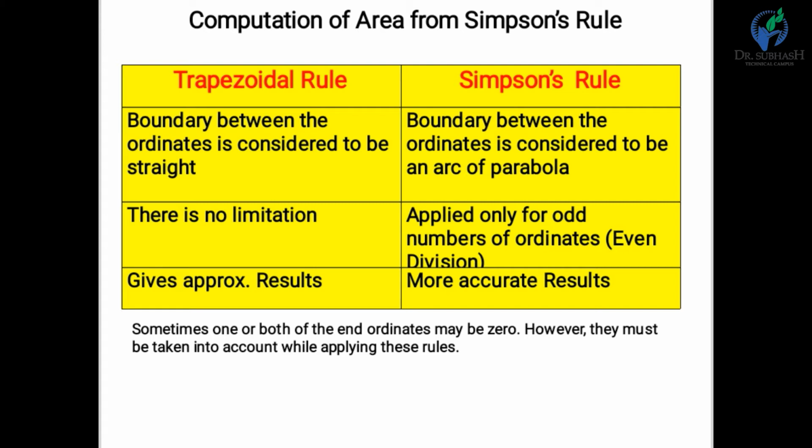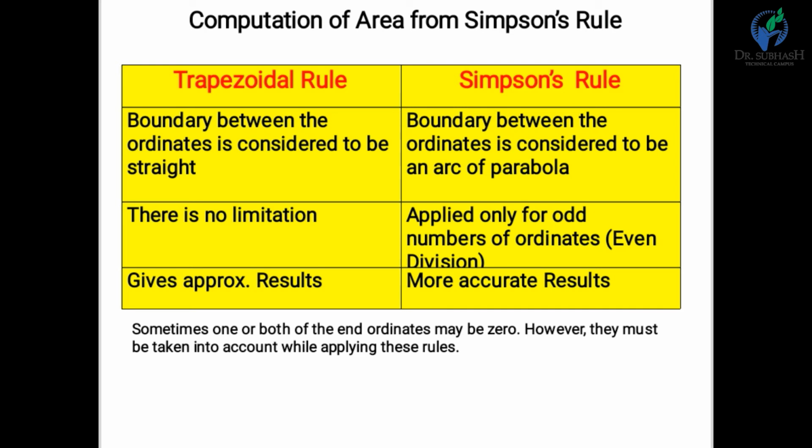The common difference is that in the trapezoidal rule the boundary between the ordinates is considered to be straight, and in the Simpson rule the boundary between the ordinates is considered to be an arc of a parabola. In the trapezoidal rule there is no limitation on how many ordinates or divisions are required, but in the Simpson rule there are some limitations: it should be applied only for an odd number of ordinates. Trapezoidal rule gives an approximate result, but Simpson rule gives an accurate result.